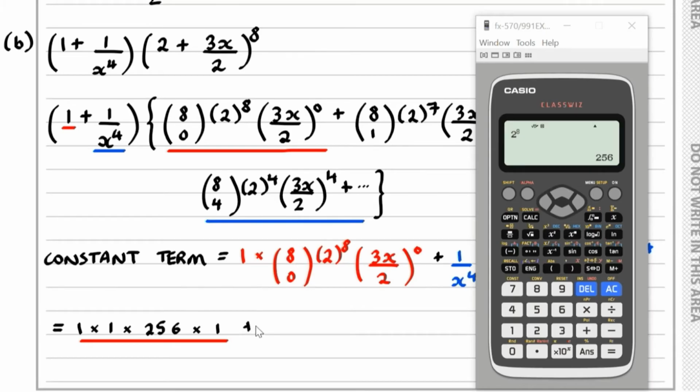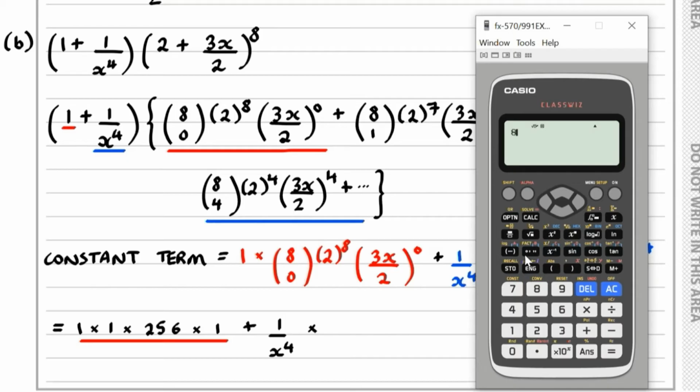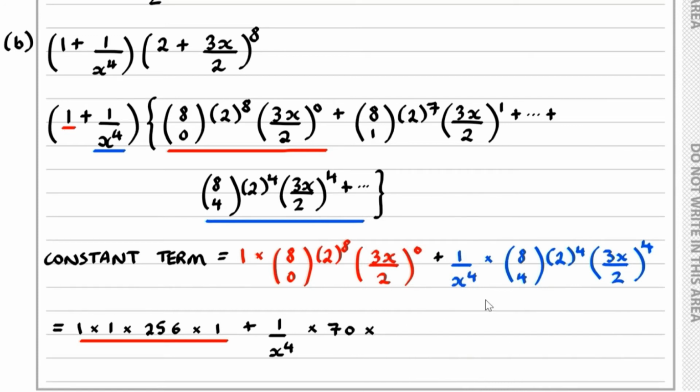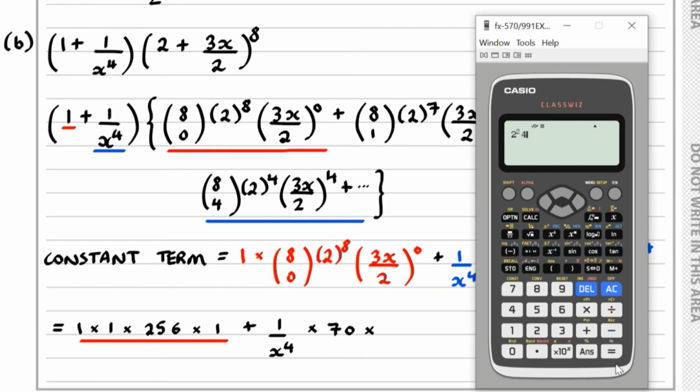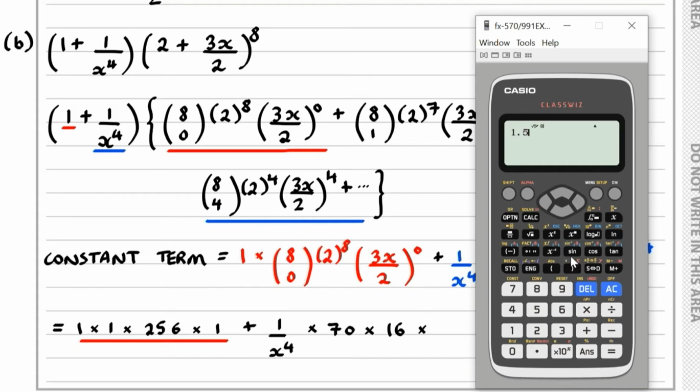And what we also have is 1 over x to the 4 multiplied by 8 choose 4, which is 70, multiplied by 2 to the power of 4, which is 16, and then we've multiplied this by (3x over 2) all to the power of 4, so here we've got 1.5 to the power of 4, which is 81 over 16.